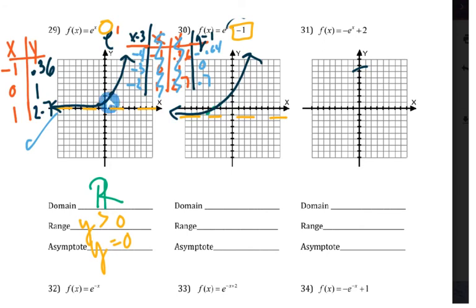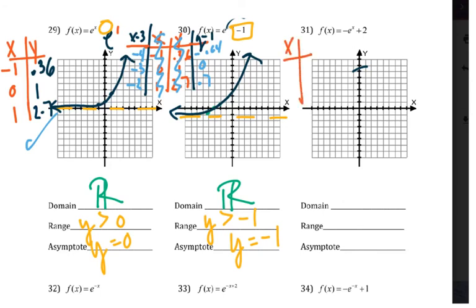So it was this original parent function, but it shifted to the left 3, and it shifted down 1. My domain is always going to be all real numbers. My range, well, my asymptote is -1, which means all of my numbers live above the number -1.